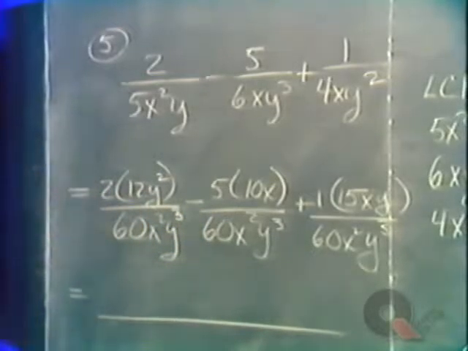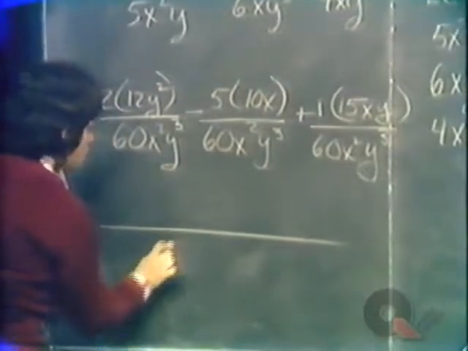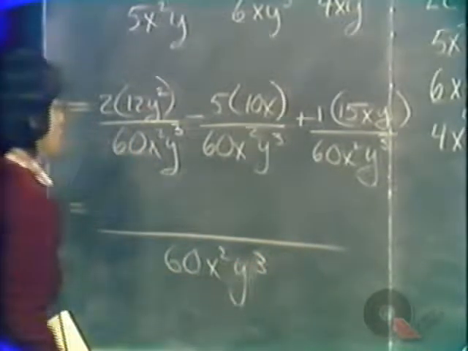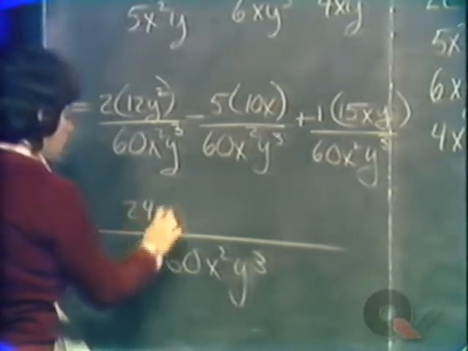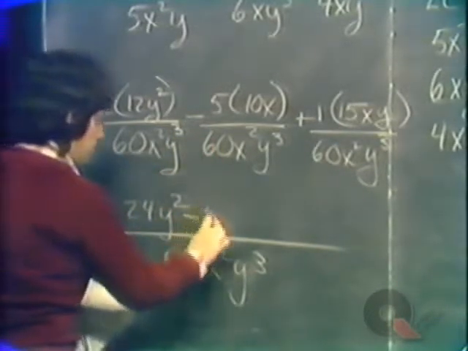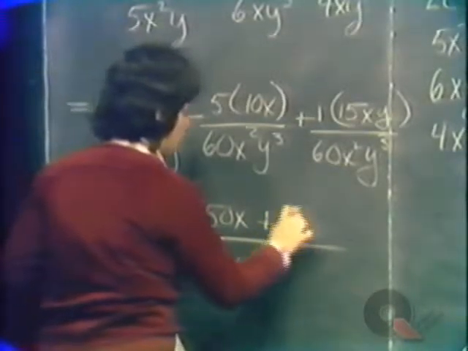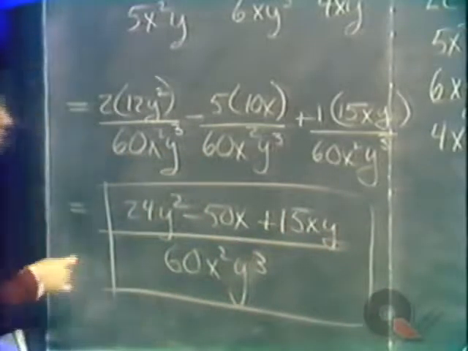We now have three fractions with the same denominator. We would like to subtract and add like this. We can combine the numerators over the common denominator. We get 2 times 12y squared, or 24y squared, minus 50x plus 15xy. And here we have our answer.